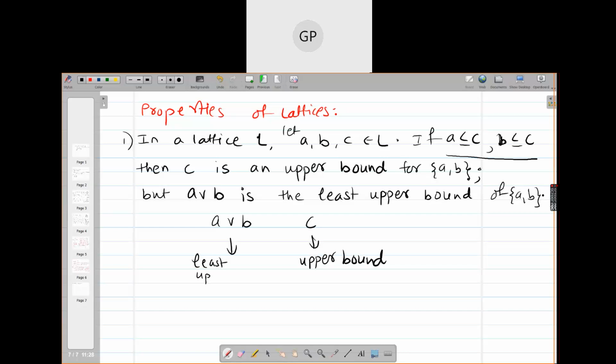So what connection should they have? Then we should have A join B less equal C. Okay? Least upper bound is always less equal any other upper bound. Yes or no? Finished writing?